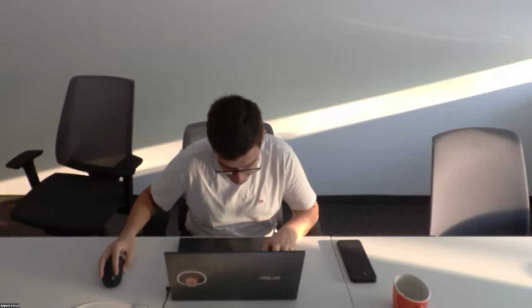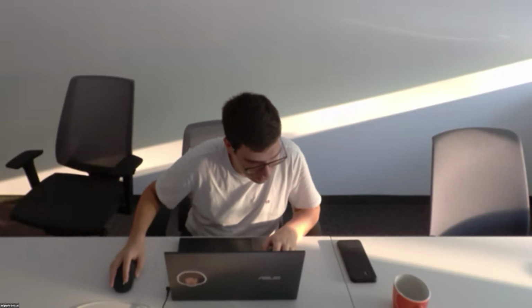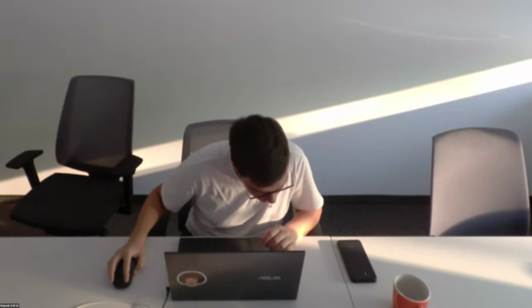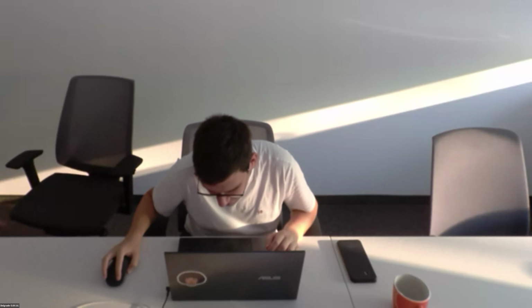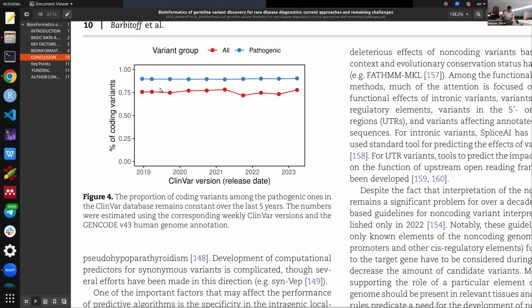And here I will briefly cite, and maybe share the picture. In the last year, we've done an analysis of the proportion of coding versus non-coding variants in ClinVar as it changes through time. So here we have this picture, just from a piece of our paper.